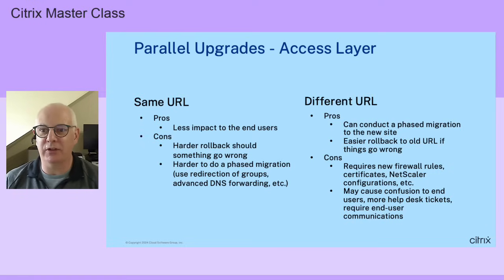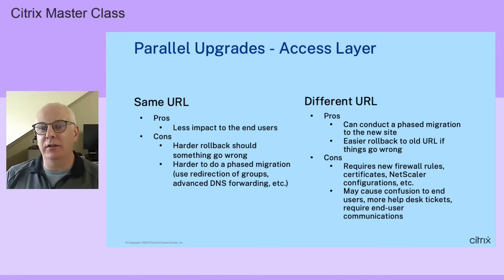But on the flip side, it's harder to roll back if you make a mistake. And it's harder to do a phased migration, which depending on the size of your environment might actually be the only way you can go forward, because there are not a lot of large organizations that do the big bang scenario.